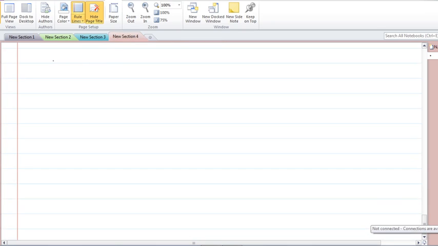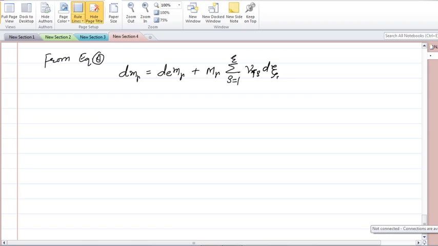So from equation 8, the last equation, we can write it as dm gamma will be equal to d_e m gamma plus m gamma summation rho is equal to 1 to R, suppose R simultaneous reactions are taking place, nu gamma rho and d zeta rho.